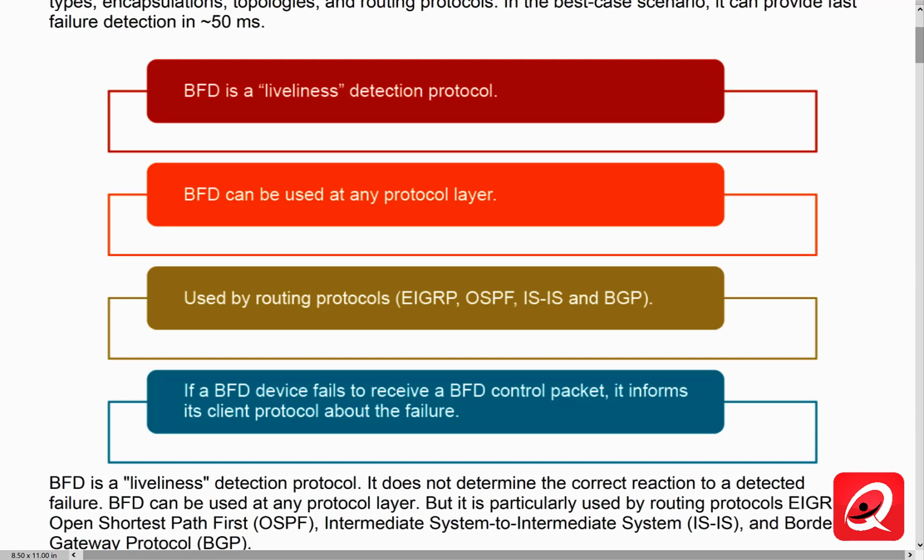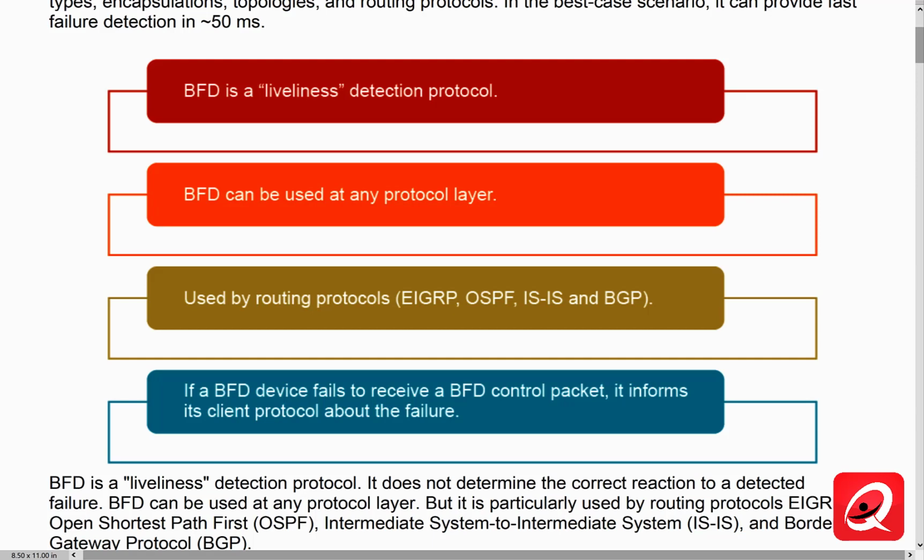And we maintain the adjacency. But if we don't get those control packets within that detect interval, we're going to tell the routing protocol that the BFD session has failed, and the response of the routing protocol is going to be basically to drop the session itself. Does that make sense?